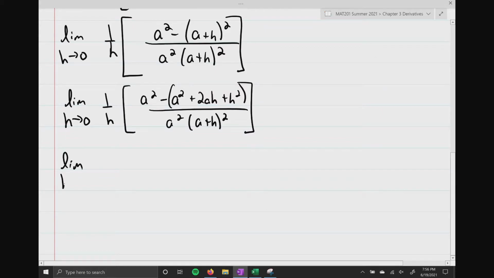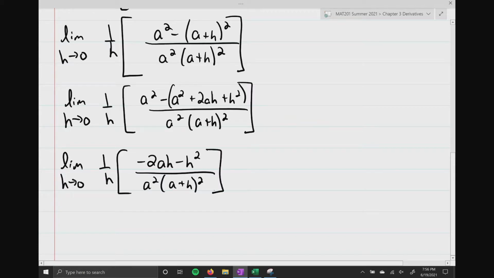Clean it up a little bit. We got the limit as h approaches 0 of 1 over h times a squared minus a squared, which is 0. So you have negative 2ah minus h squared all over our denominator. As you can see, hopefully, I have the limit as h approaches 0 of 1 over h.